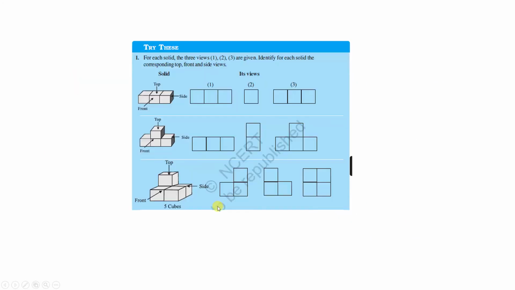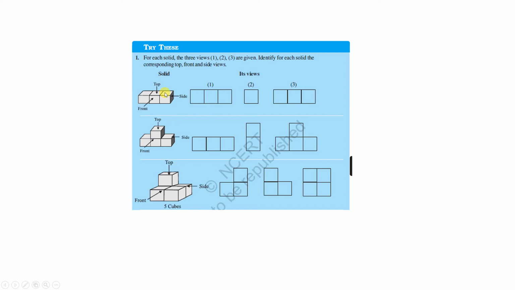Let's see one example. Here the question is given: for each solid the three views 1, 2 and 3 are given. Identify for each solid the corresponding top, front and side views. So for the first solid, when we see it from the top, it looks like there are three squares put side by side.